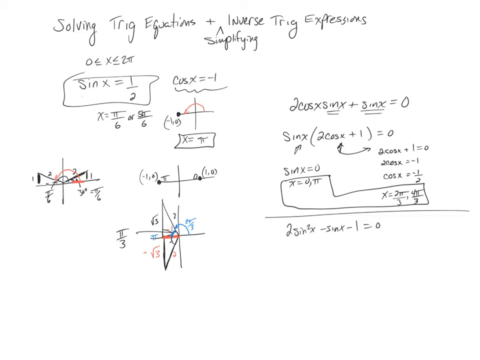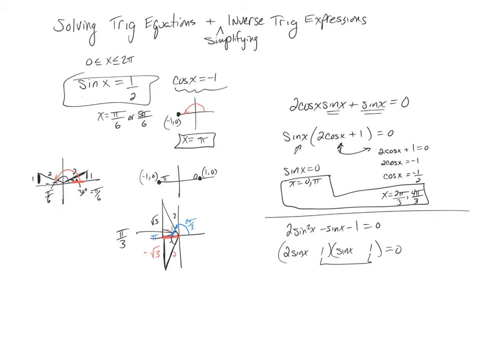Figure out the factoring on it, and we would have something like 2 sine times a sine is going to get us our 2 sine of x. These guys have to be 1s because they have to multiply together to get 1. And finally, we've just got to get the positive negative thing right here.